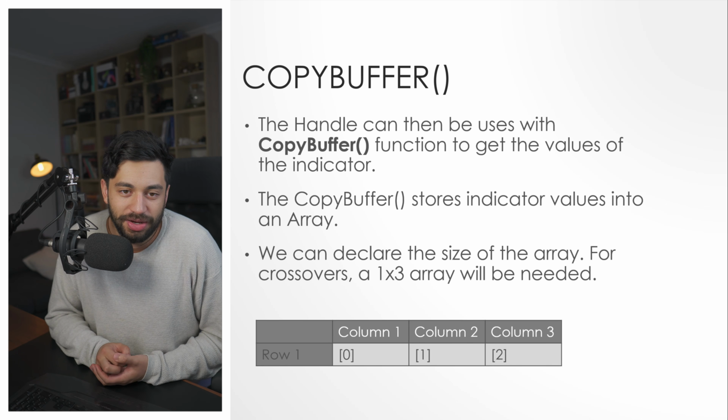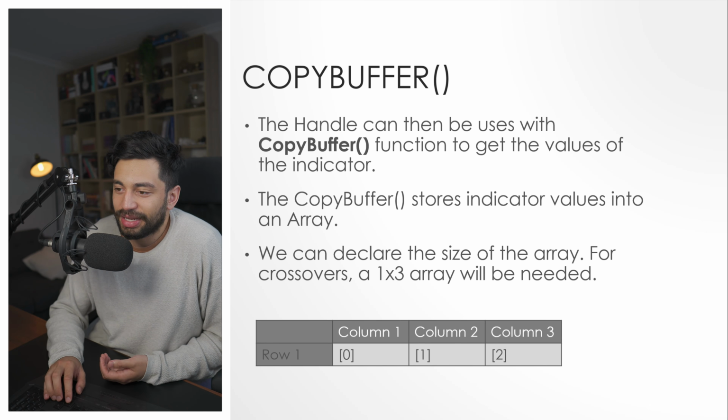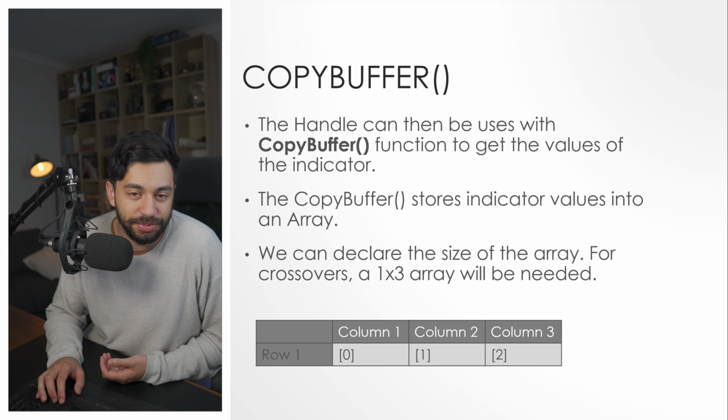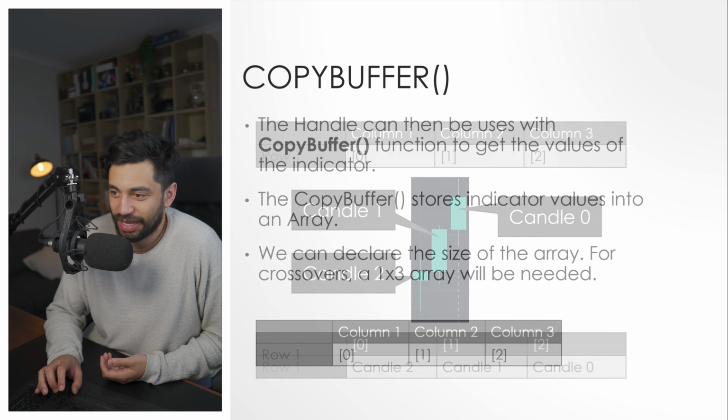However, what we're going to be commonly using, particularly if we want to do crossovers, is a 1x3 array, as we see below. So we've got 1 row but 3 columns. Now this copy buffer will be declared as a variable as well, and that variable is where we're going to be storing our indicator values, and typically we would use a double to declare that variable.